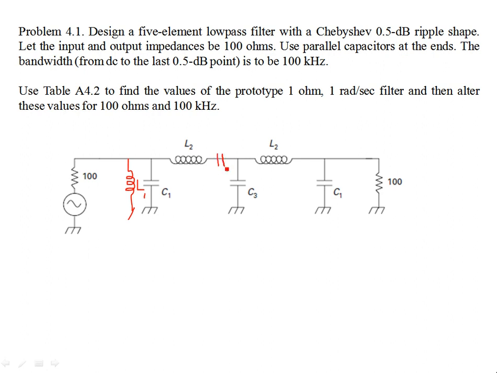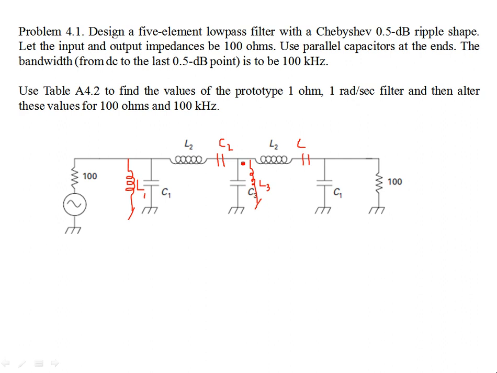Then let's say we are going to have C2 with L2. Similarly, we're going to have another inductor in parallel with C3. So this could be L3, and then we are going to have a series C3 over here.